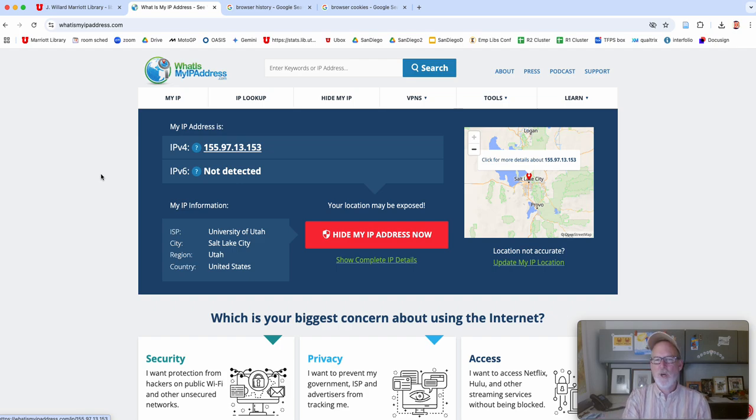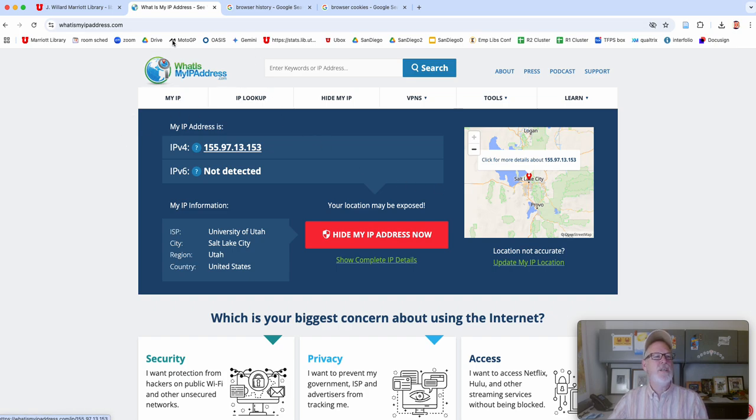If you go to a website of a company that doesn't exist in the United States, you might get a warning saying, hey, we have a US version of the company. I was interested in buying a motorcycle helmet, and I found one that was great, but it was on an Italian website, and they said, oh, no, you want to go to the US website. For what it's worth, this is how they determine that. And you can look that up, and you can see that it knows where I'm at.